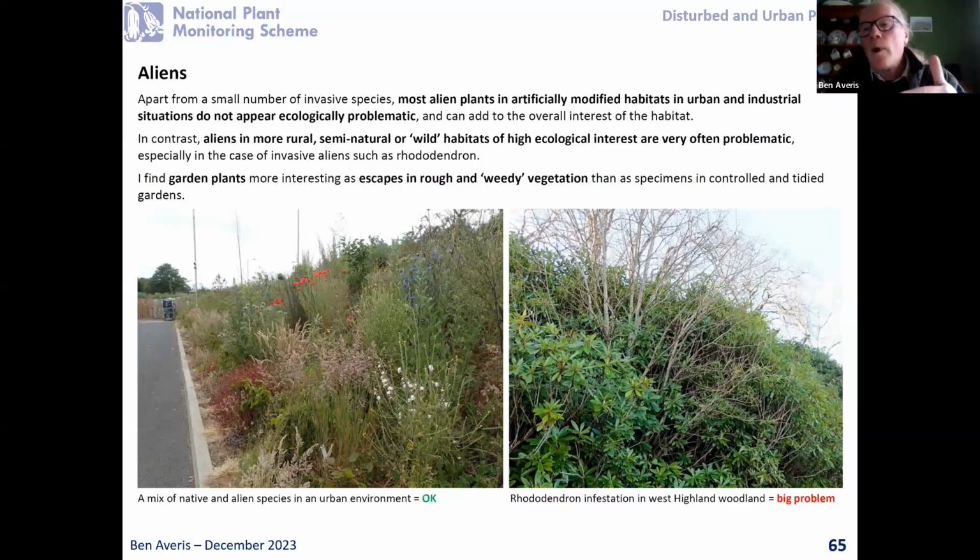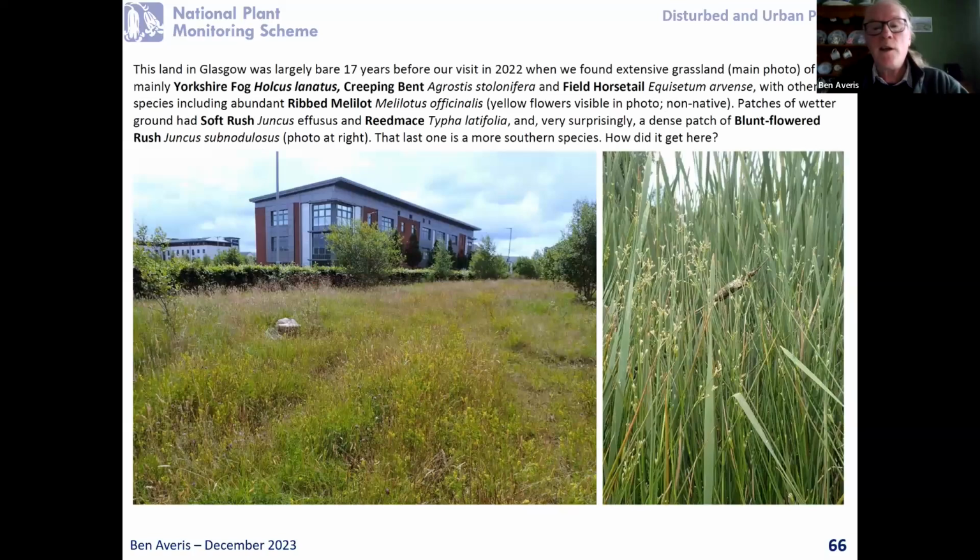Whereas in a lot of more definitely wild places, non-native alien plant species can be a problem. An extreme example being rhododendron, as in the picture on the right, that's in the West Highlands. Huge problem because it gets into habitats that are otherwise proper native habitats of great interest.